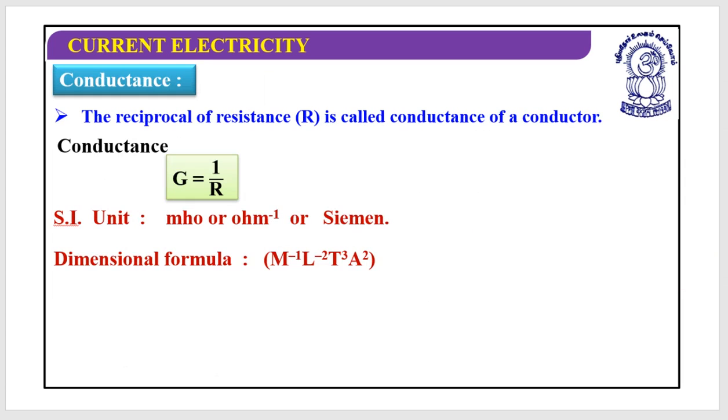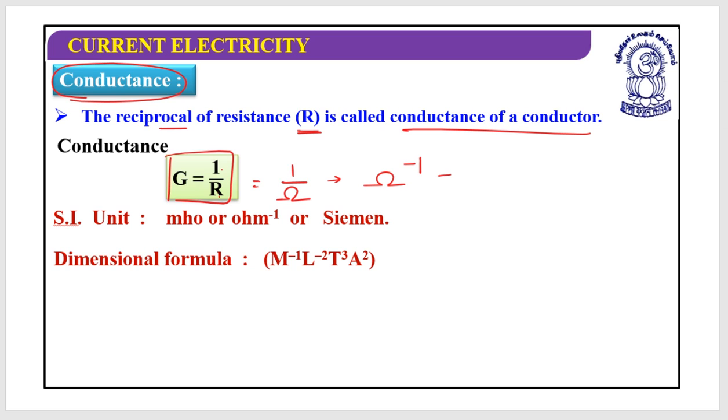I hope these things are clear. Now I know what resistance is. Now let's define one more term, conductance. It is the reciprocal, the inverse of the resistance, which we call the conductance of a conductor. This conductance can be written as G equals 1 by R. Resistance is in ohm, so this can be written as ohm inverse, which is a mho.